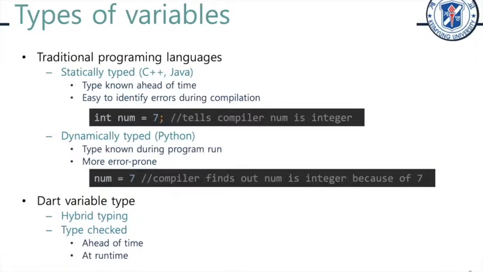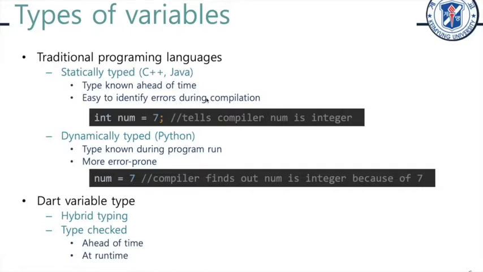There are two types of, or three types of variables. Let's go back to other programming languages to discuss these types of variables. The first type of variable is the statically typed variable. A statically typed variable means the variable type is known beforehand. And this is good because it allows us to find errors during compiling.